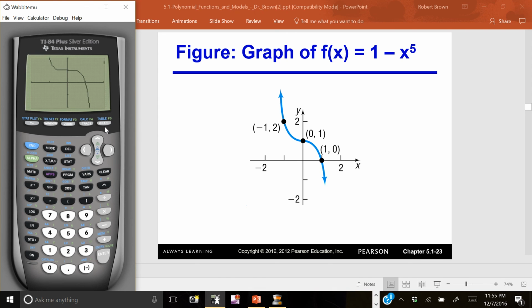And notice we get exactly the same graph as shown here. Why use transformations if you can do it with a calculator?